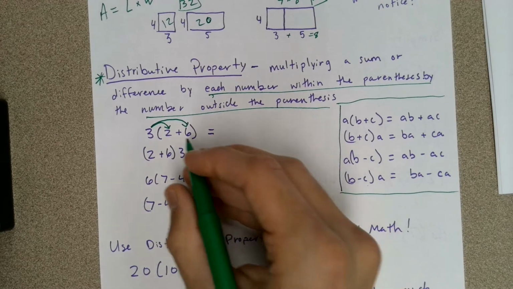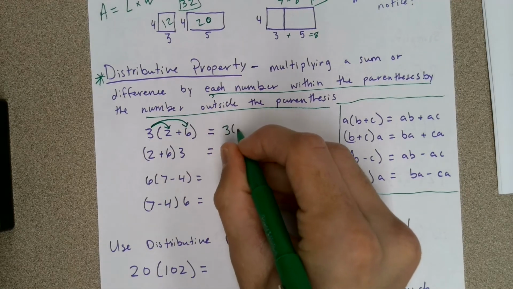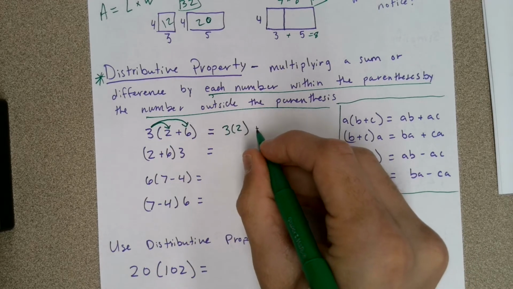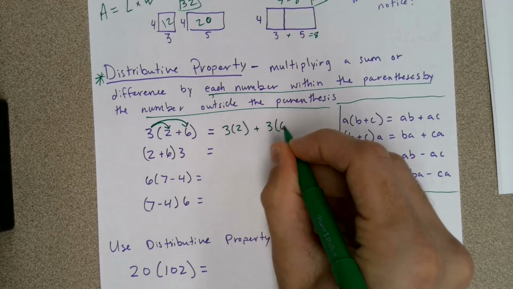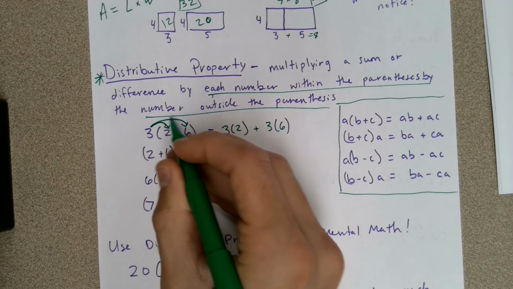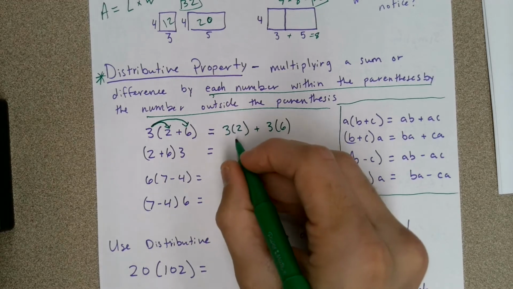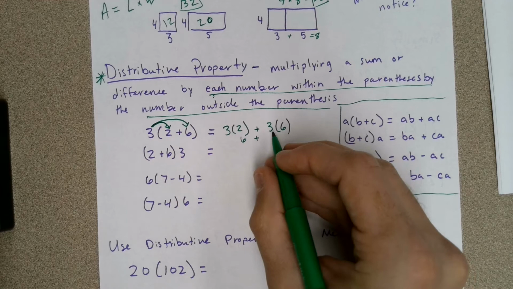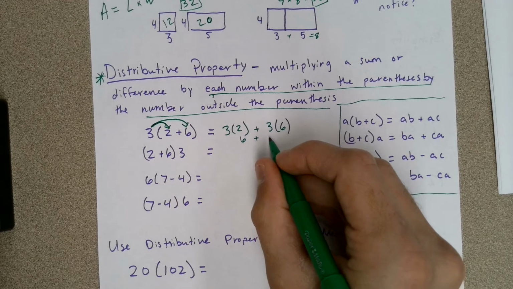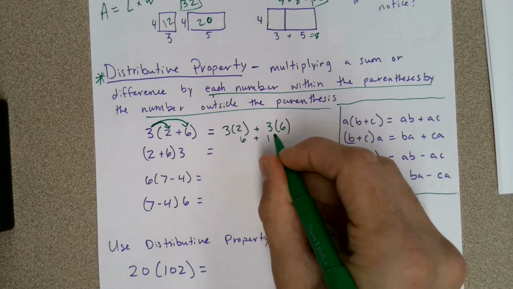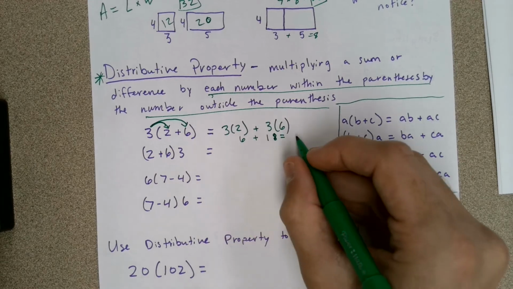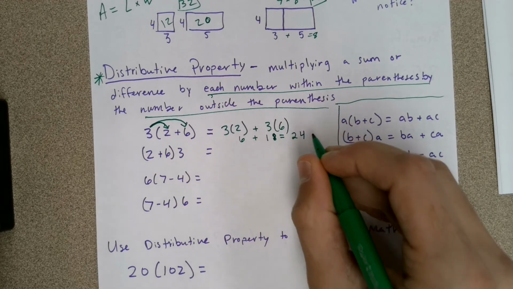So we could rewrite this as 3 times 2 plus 3 times 6. I'm multiplying the first number and the second number, leaving us with 3 times 2 is 6, plus 3 times 6 is 18. And our answer would be 24.